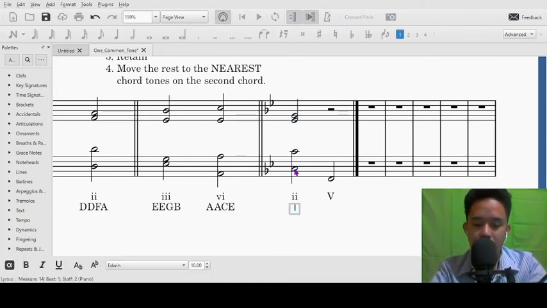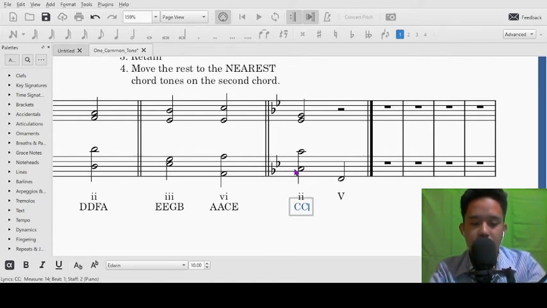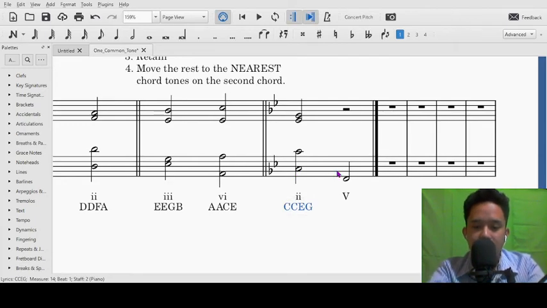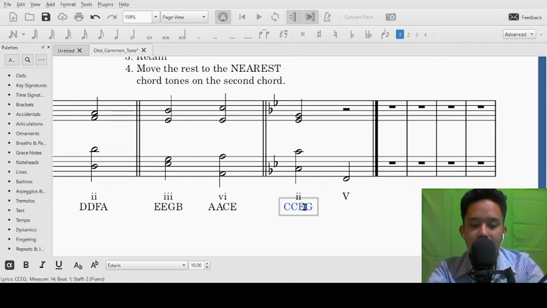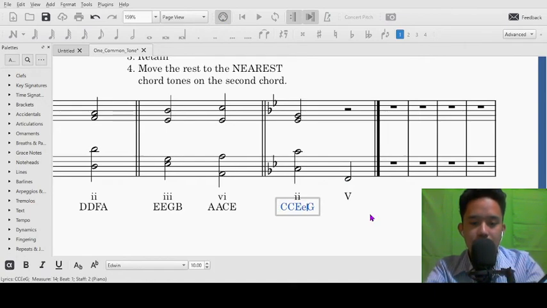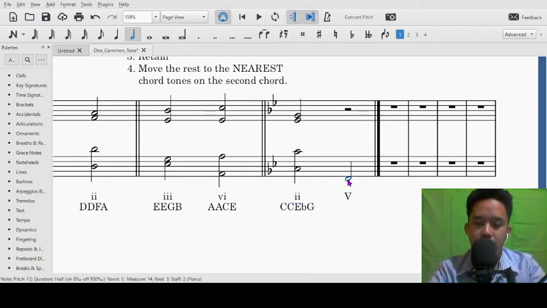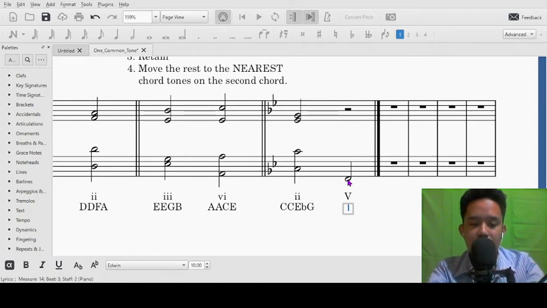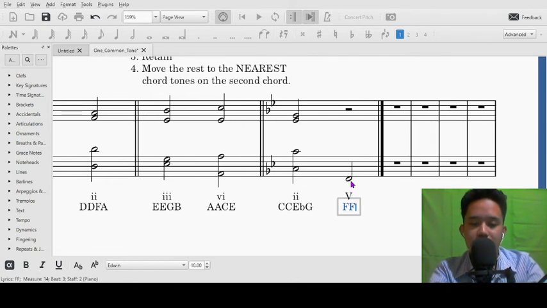So the letters C, double C, E flat, and G. The next chord, this will have F, double F, because we're in root position, F, A, and C.